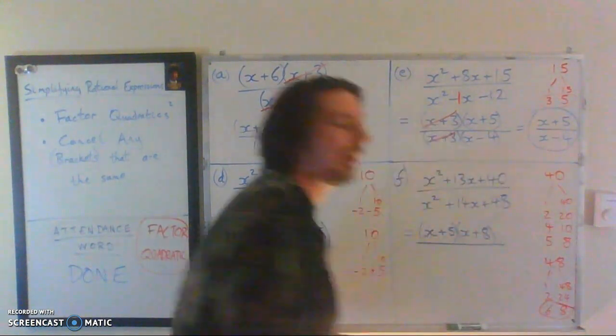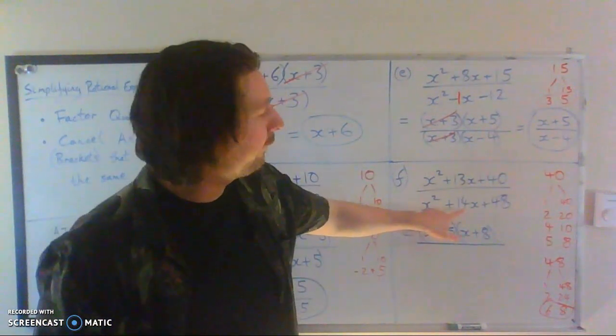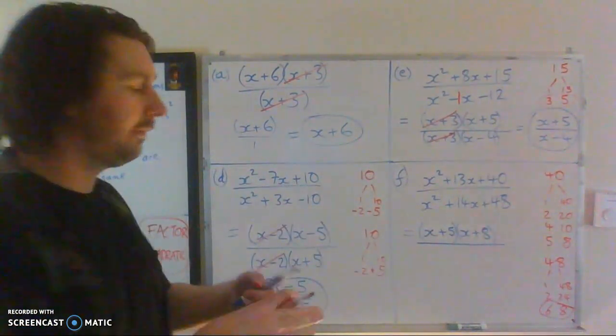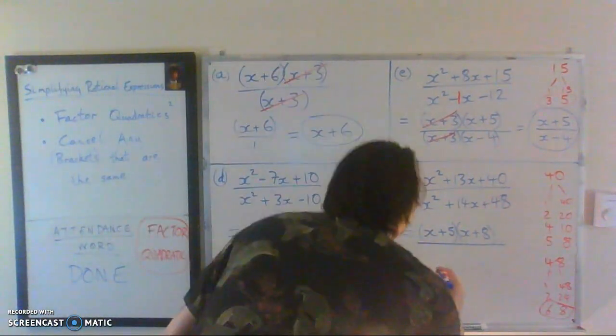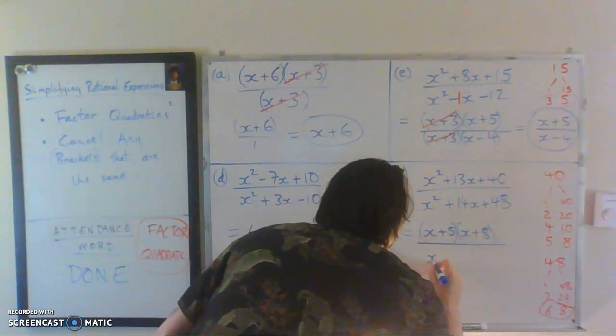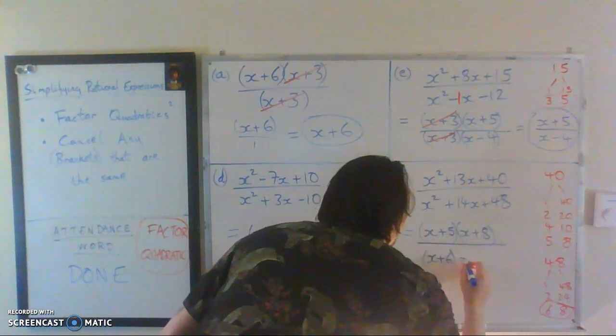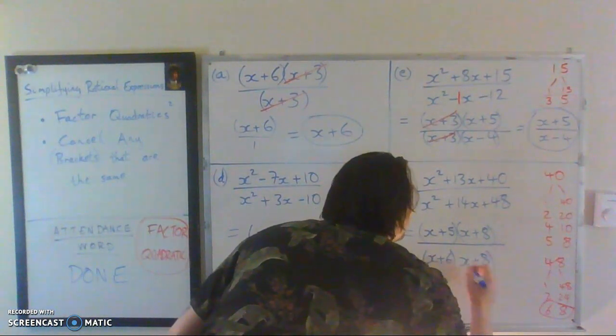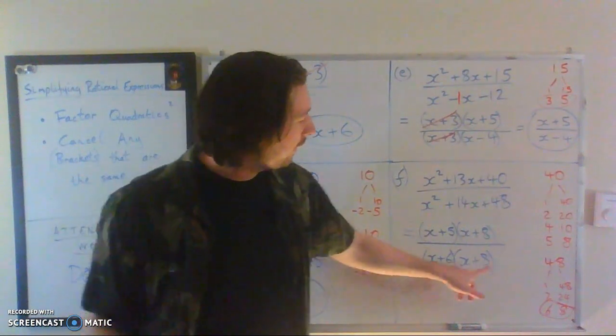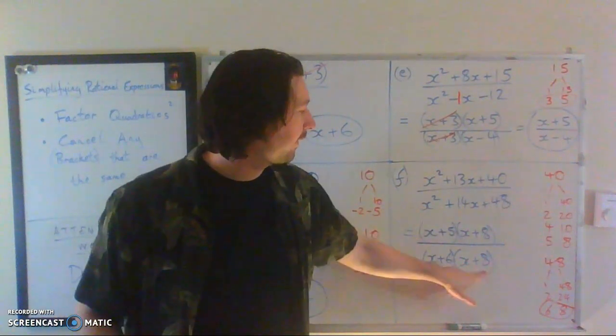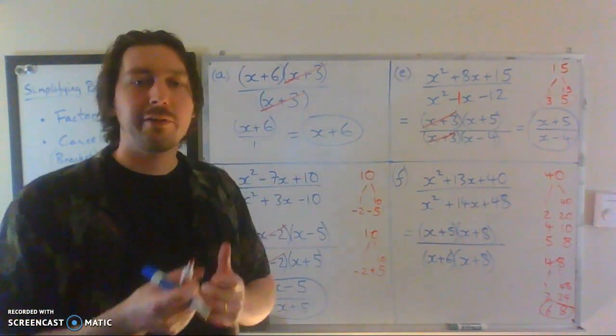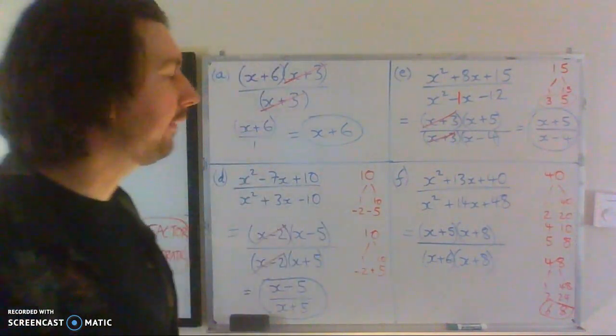And that is the correct pair, because 6 plus 8 is 14. I'm just skipping a little step there, because I'm running out of space. (x + 6)(x + 8). 6 times 8 is 48, 6 plus 8 is 14. Play around on a calculator if it helps you to get these quicker.